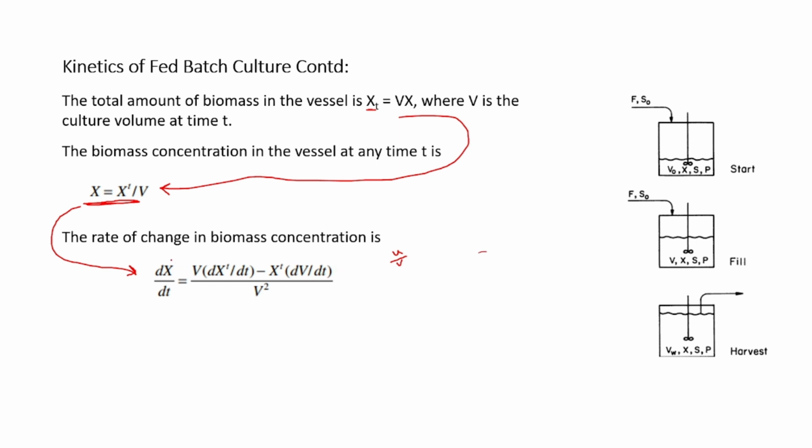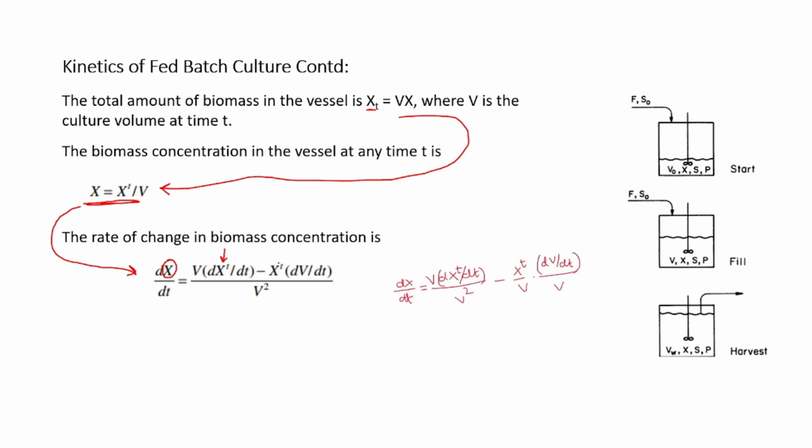Note here, this X is the biomass concentration and this Xt is actually the total amount of biomass. So these two are different. That is why two different symbols have been used. This X means biomass concentration, and X superscript t means the total amount of biomass.